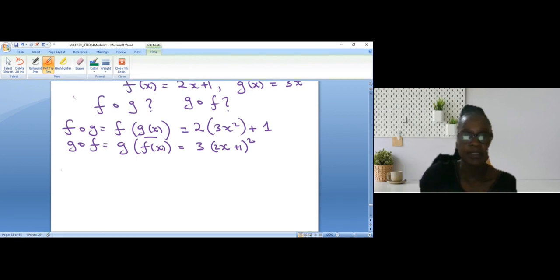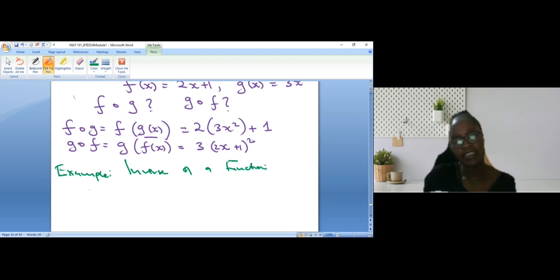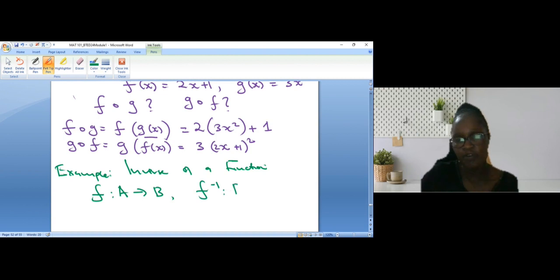So as I wind up, we have another example of function, very important, that we work with, the inverse of a function. Simply a relation that takes you back. If f is from A to B, then the inverse takes you back from B to A. So the rule in the forward direction, is it possible to find the inverse?